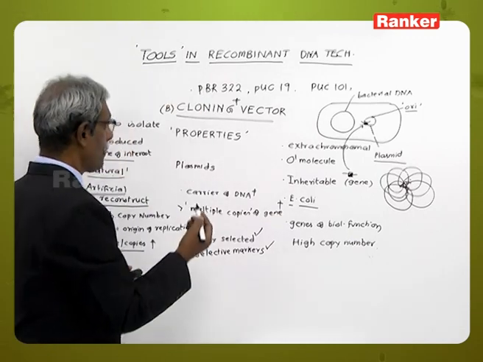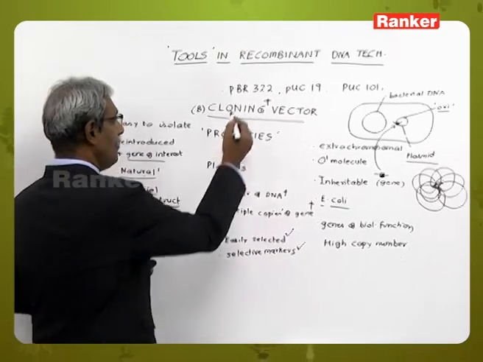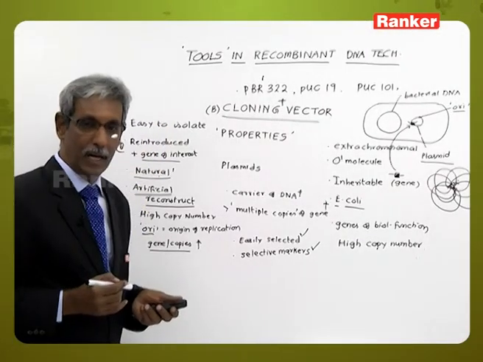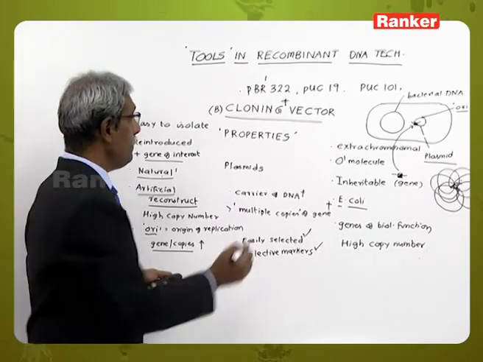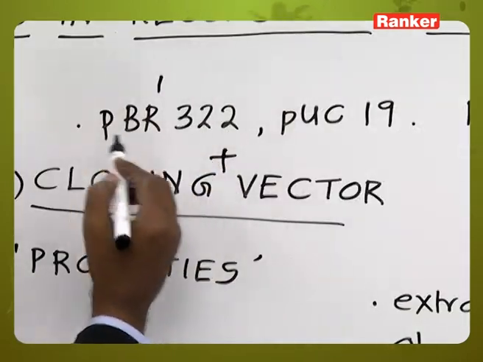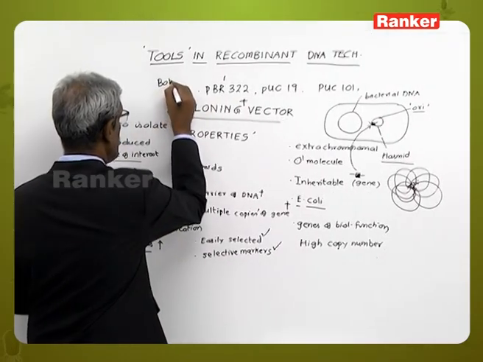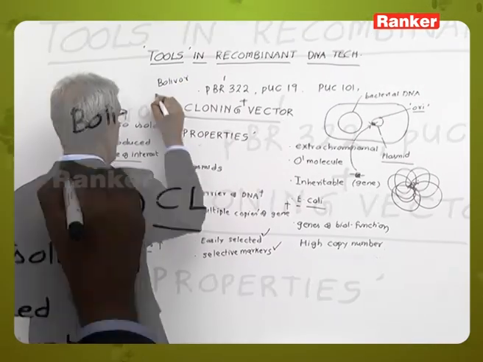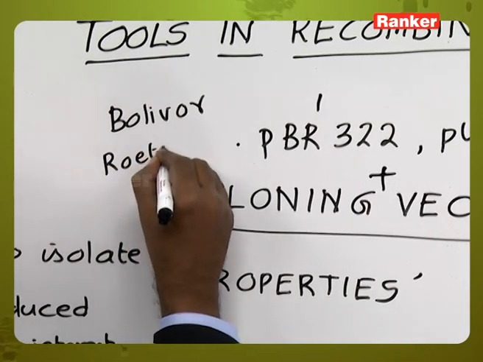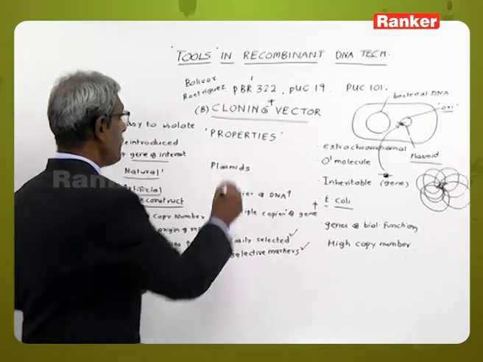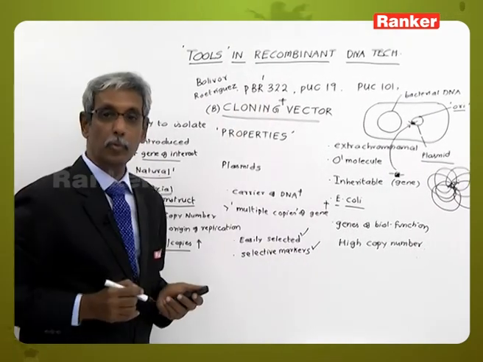Common plasmids which are primarily studied include a type of plasmid called pBR322, which you will be reading shortly. pBR322 is a plasmid which was discovered by 2 important scientists, Bolivar and Rodriguez, and they studied the strain called 322.